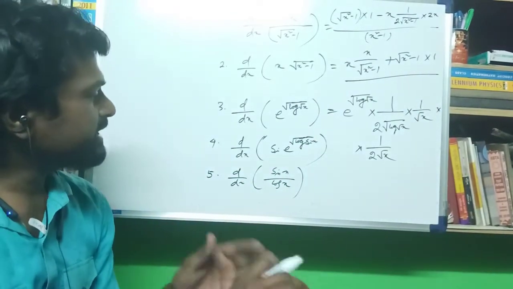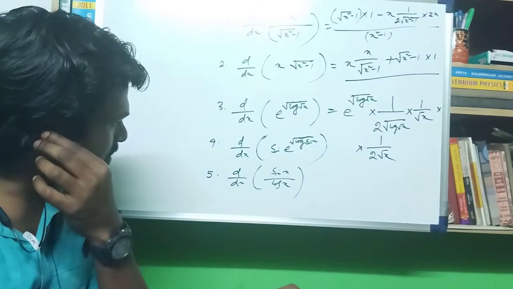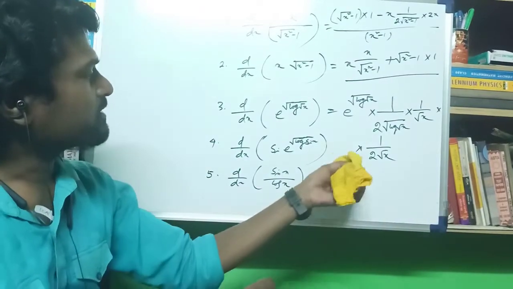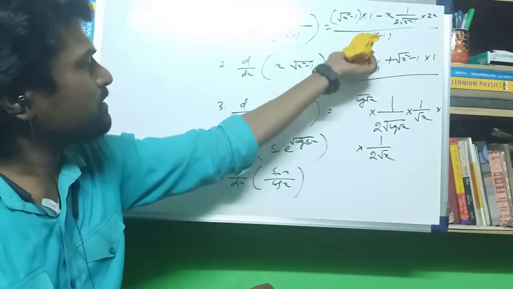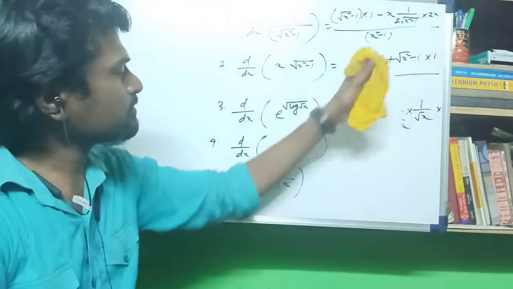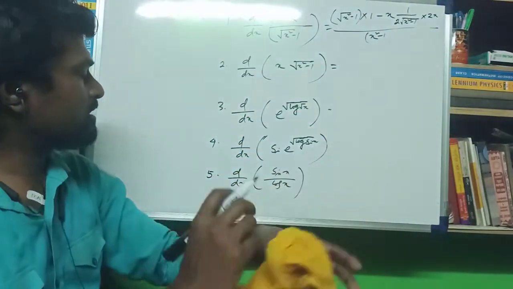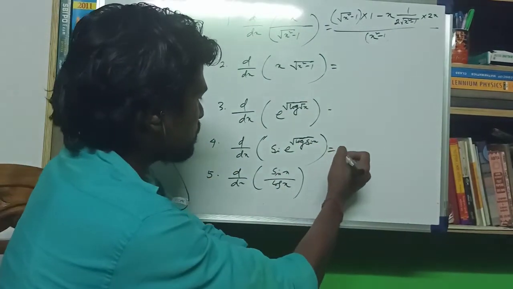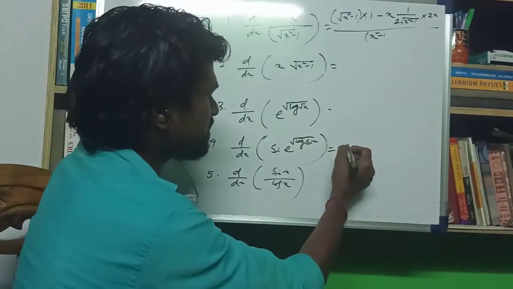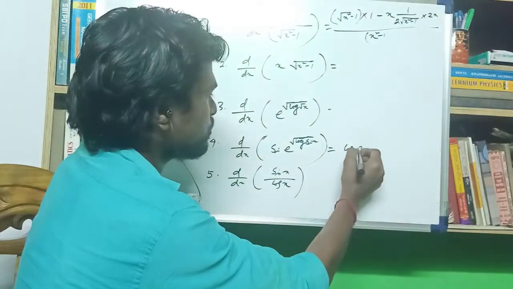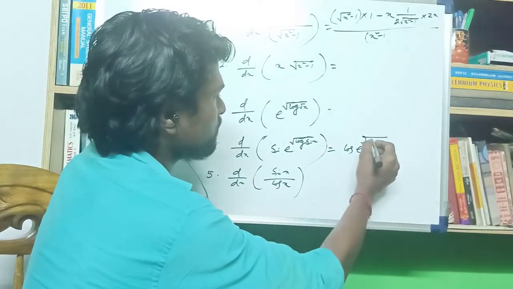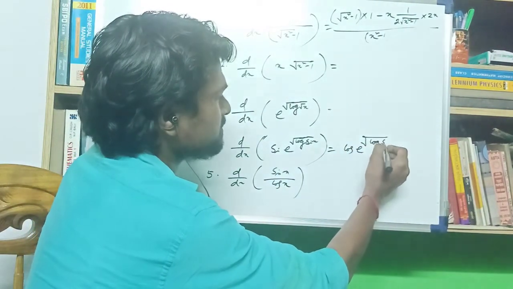The next one is d/dx of sine e to the power of log into sin x. And this is equal to sine, the derivative of sine function means cos e to the power of root over of log sin x.